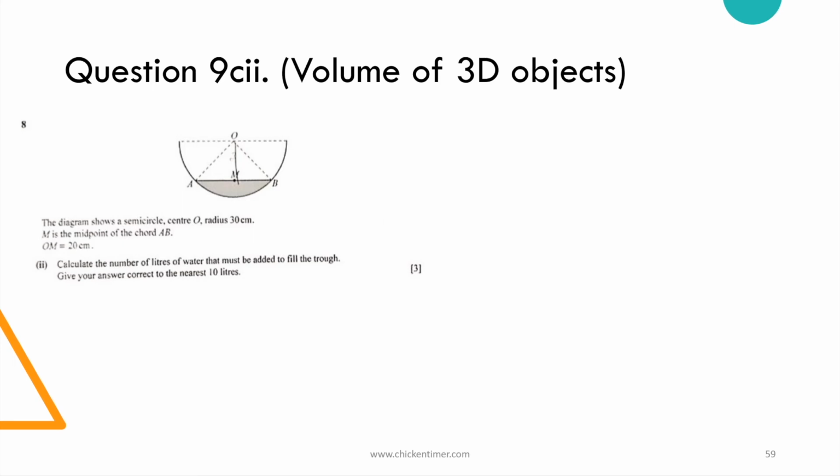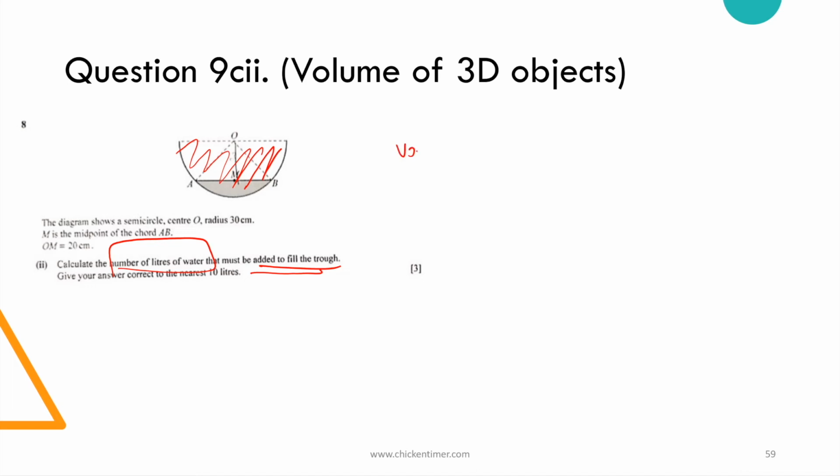Then the next part, we have to calculate the number of liters of water that must be added to fill the trough. So that means I have to find the volume of the whole trough when it's filled up, minus the original volume of water inside that trough.